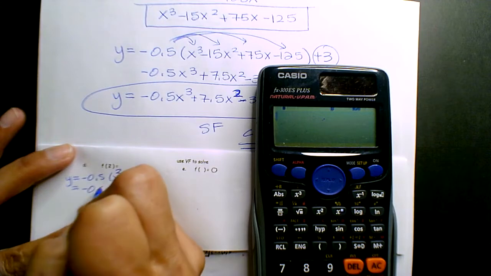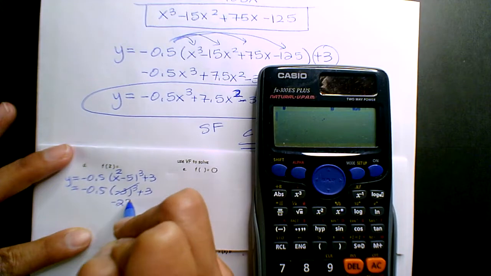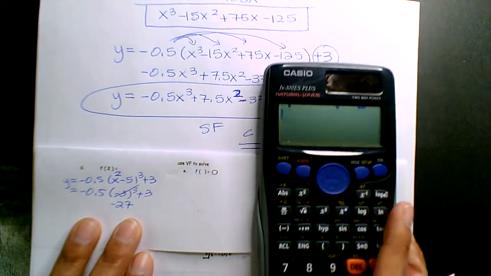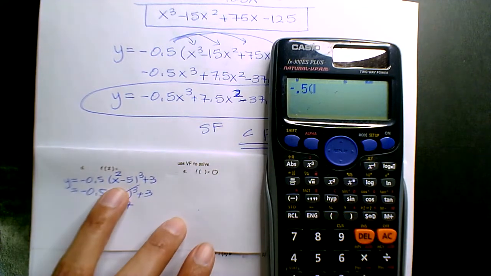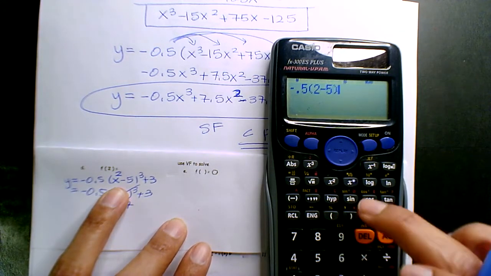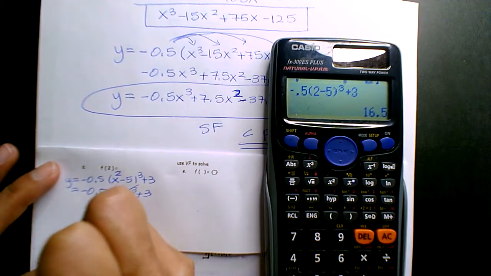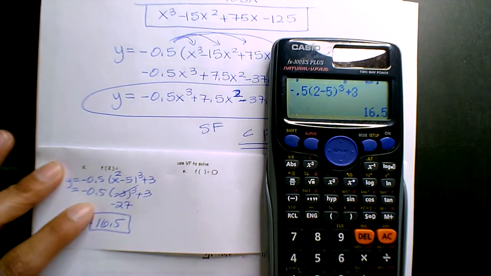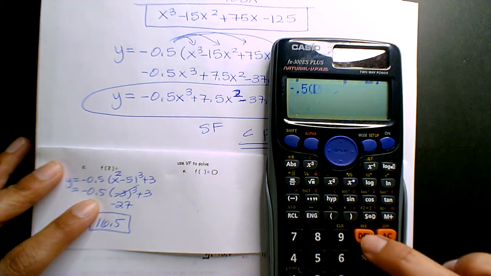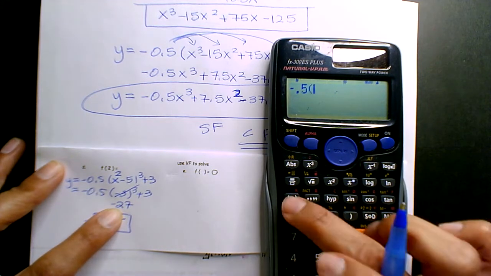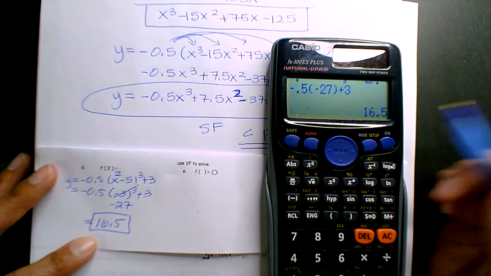Or if you want to do a little bit of mental math, that's negative 3 cubed plus 3. This is negative 27. But you can throw it all into the calculator. So negative 0.5 parenthesis 2 subtraction 5 cubed plus 3, I get 16.5. But if you wanted to do a little bit of mental math, negative 0.5 times negative 27 plus 3, there's my 16.5.